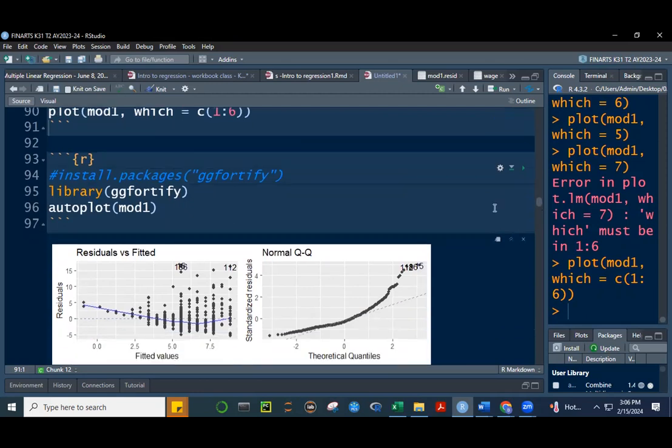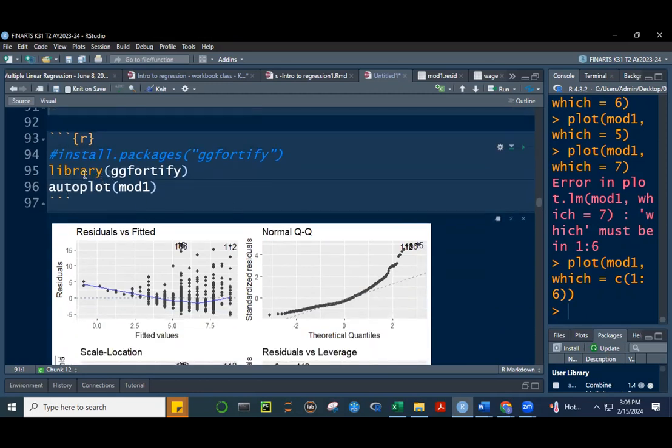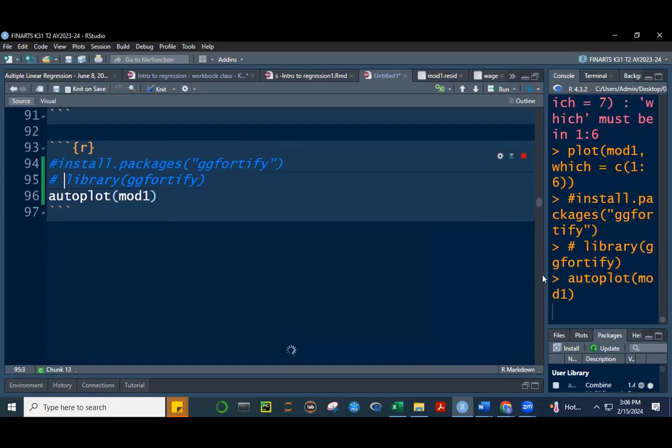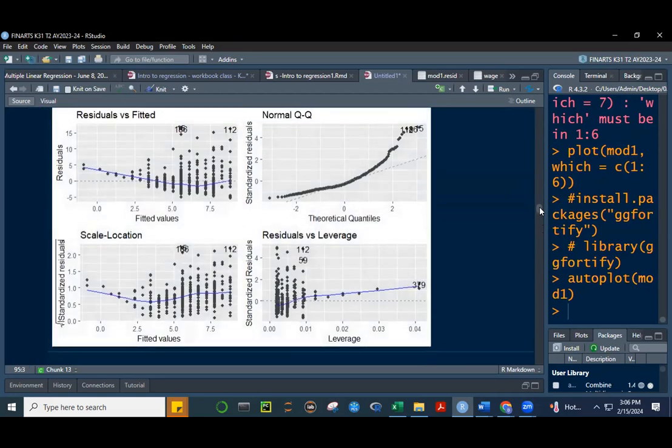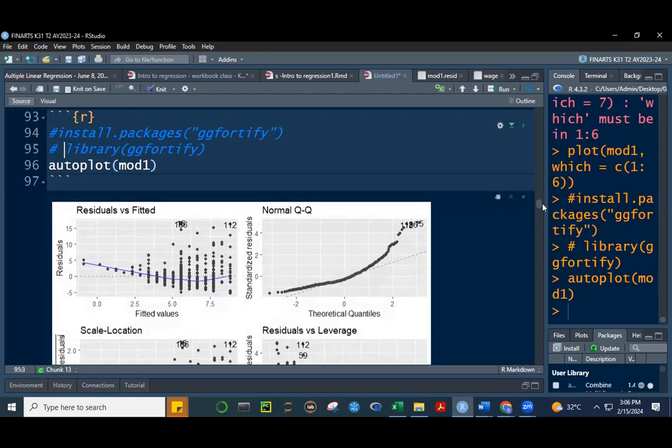All right? And you can plot this also using autoplot. Okay? So use the GG45 package and then use the autoplot function, mod 1. It will give you this. So this is the plot, similar to the plot a while ago. Okay, and let's see if this will also give us which is equal to C1 up to 6.